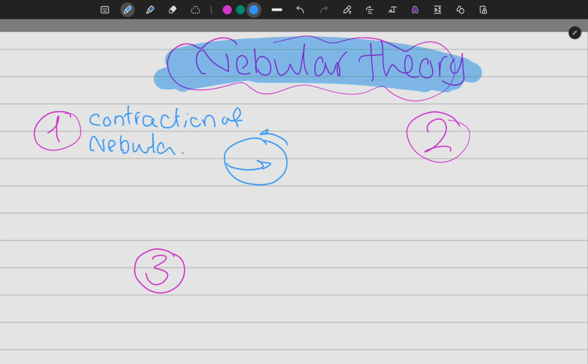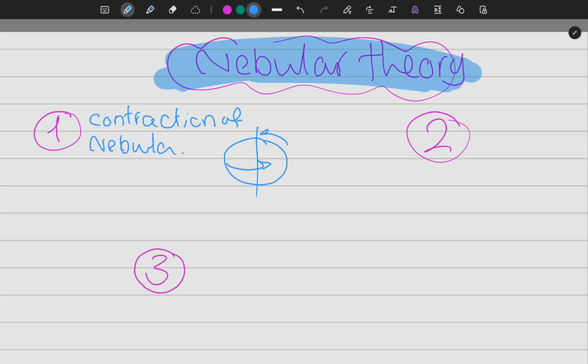This sphere is called a nebula. Over time, the nebula lost its heat gradually, so its size contracted and its revolving speed around its axis increased. The speed of rotation increased with time as the size contracted.